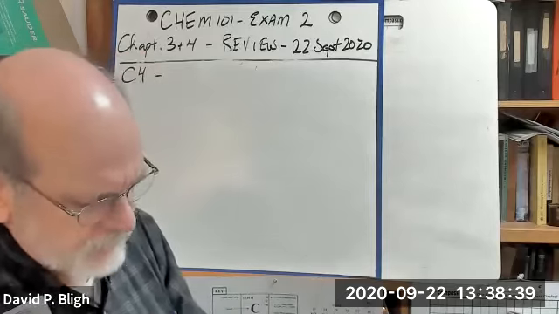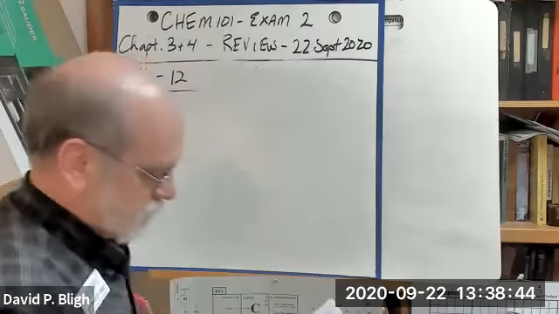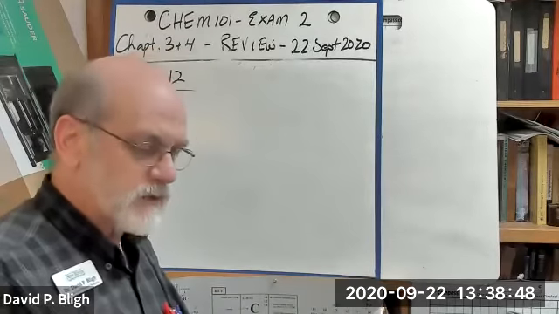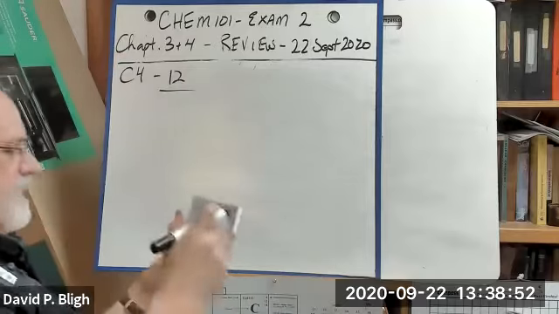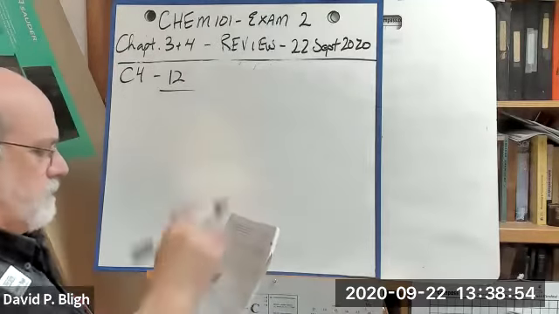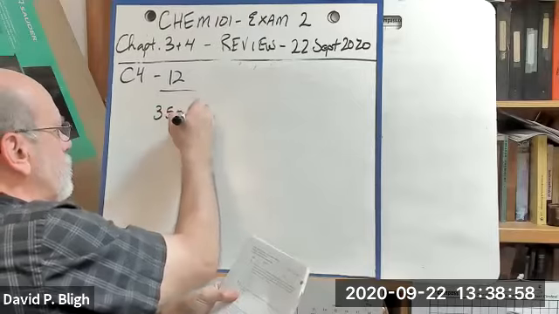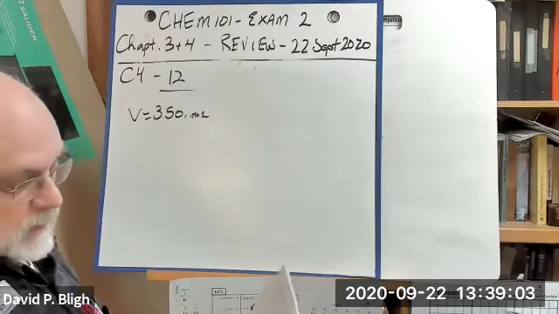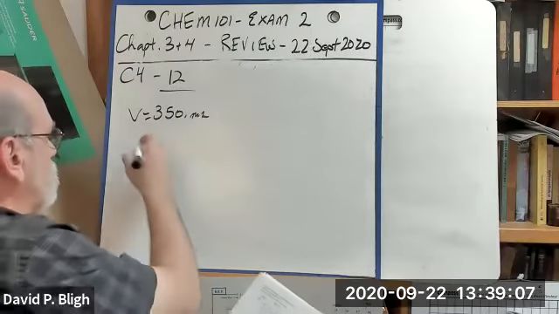This is 12. How many grams of sodium chloride are contained in 350 milliliters of 0.287 molar solution of sodium chloride? So what are we given? 350 milliliters, that's volume, of 0.287 molar.